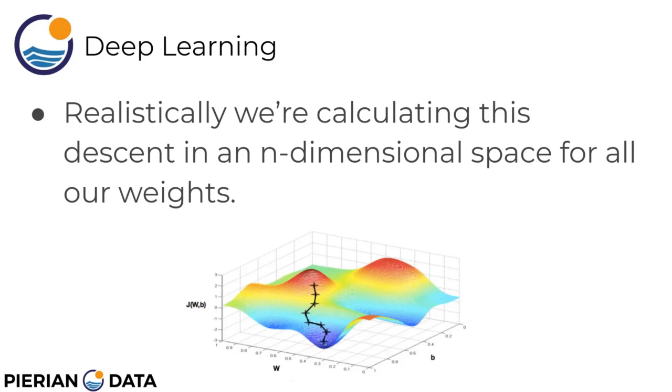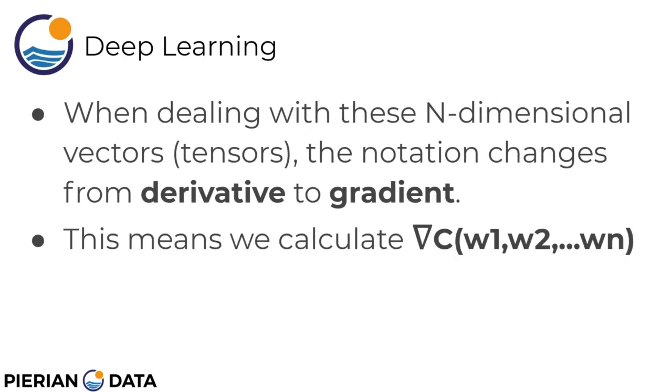Realistically, I'm not even going to be able to illustrate the n-dimensional space because it's going to be tens or hundreds of weights and biases. So there's really no way we can illustrate that for you, which is why we simplify it down to a single weight. You can understand what gradient descent is doing, and then what the computer will be doing for us is the same sort of calculations, but on an n-dimensional space that we can't realistically illustrate for you.